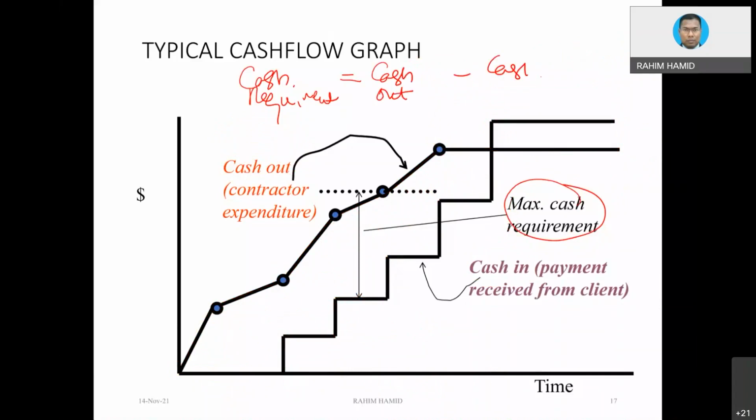But the month that we have to refer to, this is the issue. Let's say this is the first month, second month, third month, fourth month. Let's focus on the fourth month. So this is the value of cash out in the fourth month, isn't it? How about the value of cash in from the graph?